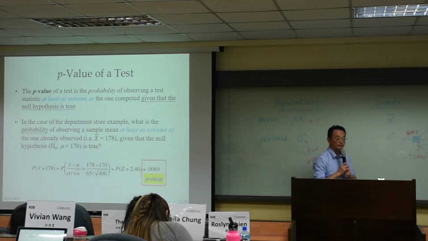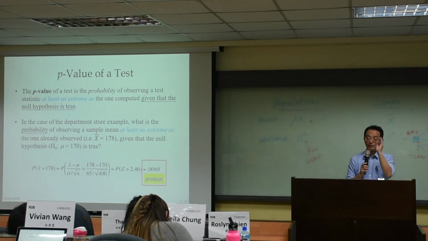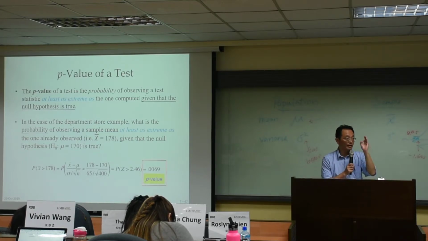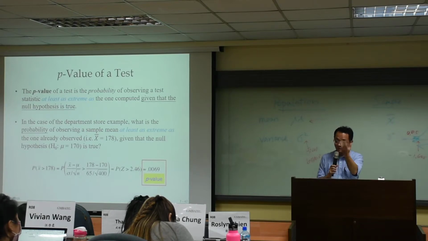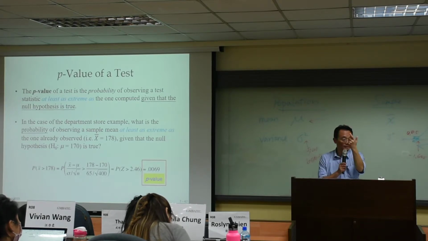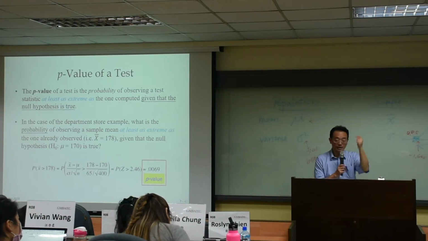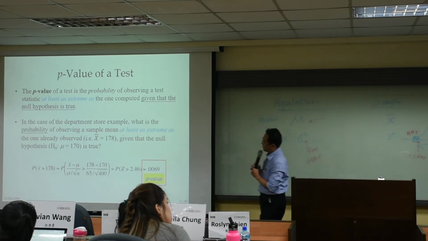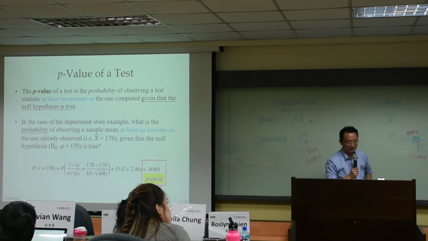No, that's not the case. Okay, because p-value is defined as this. If your null hypothesis is true, then the probability of getting the sample, of getting the statistics you have, is p-value. Okay, and at least as extreme as the outcome you have.